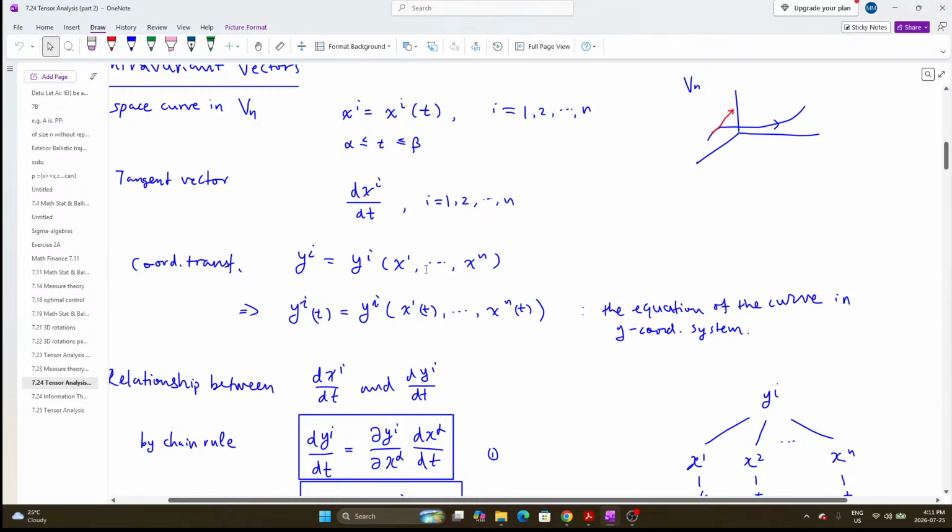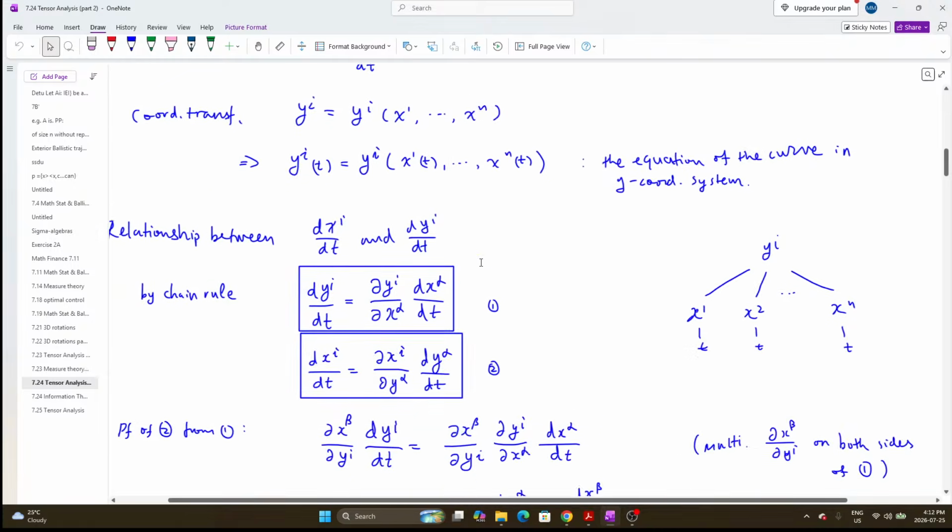Think about how many inputs and how many outputs are involved. In a space curve, you have just one input, the parameter t, and you have n outputs, x^i equals x^i of t, i equals 1 to n. So it is an R^n valued function of one real variable.